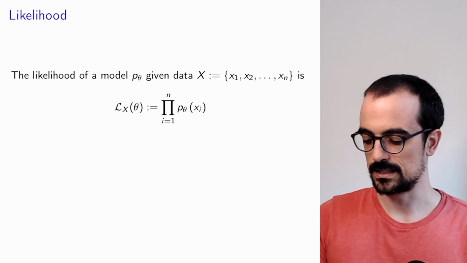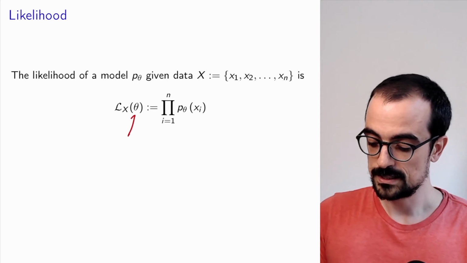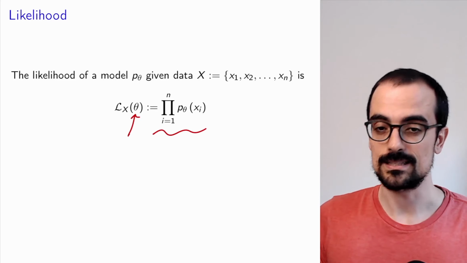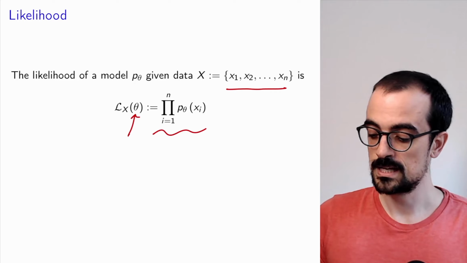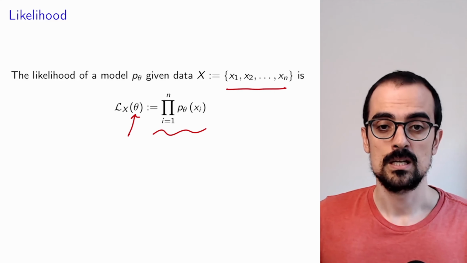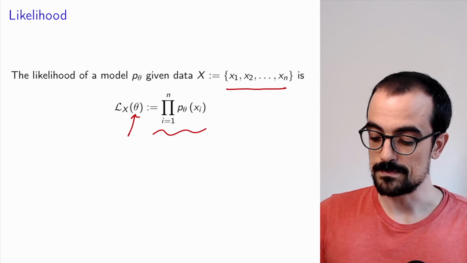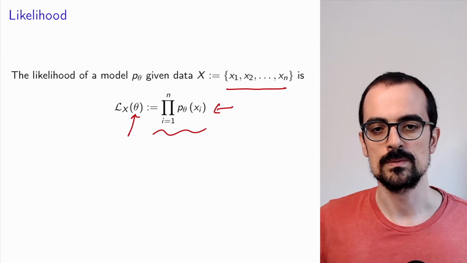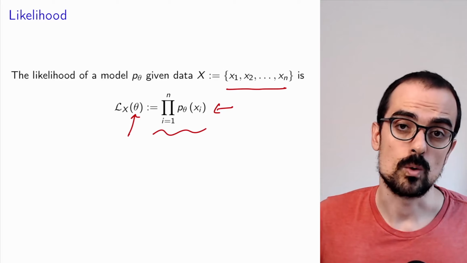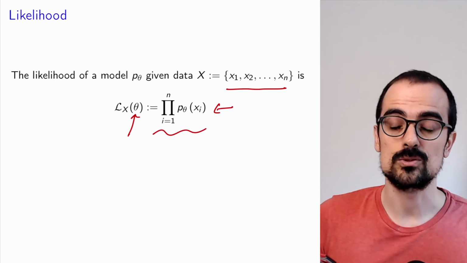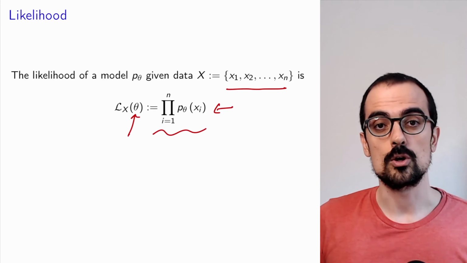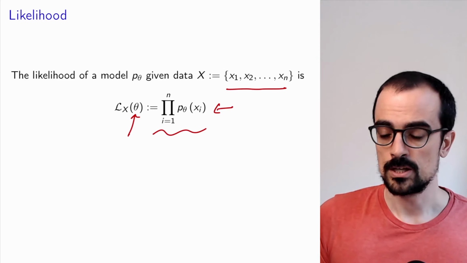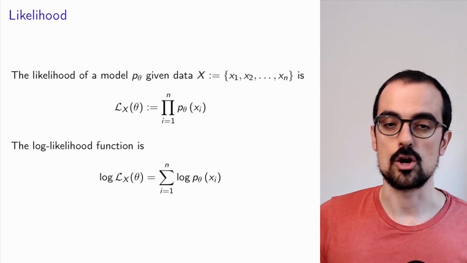So we have this function of theta that is the probability of observing the data that we observe as a function of theta. Typically, here we're going to be multiplying many probabilities. Imagine if you have 100 data points, for example, and those are numbers between 0 and 1. So this value is going to be extremely small. In order to avoid numerical instabilities, usually what we do is we take the logarithm of that.